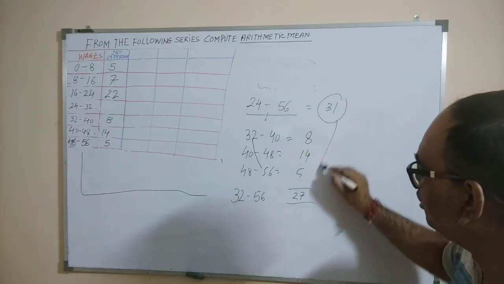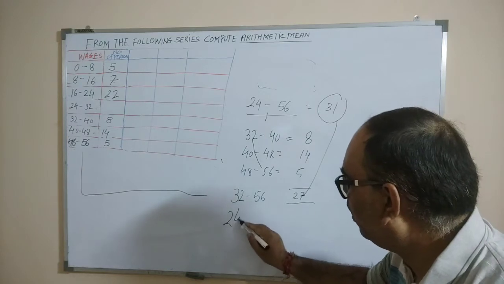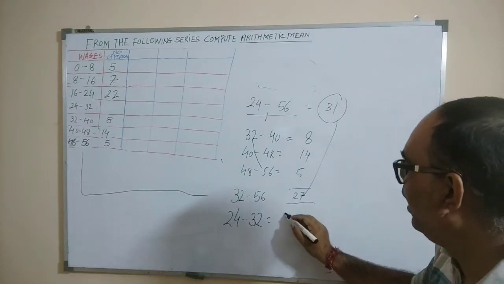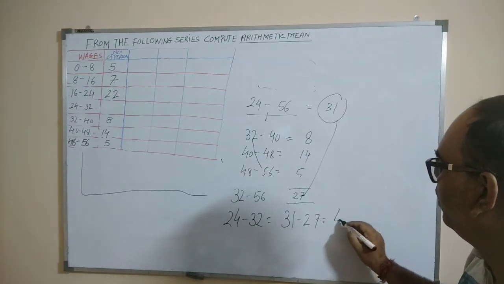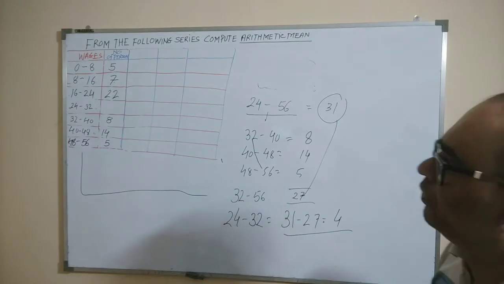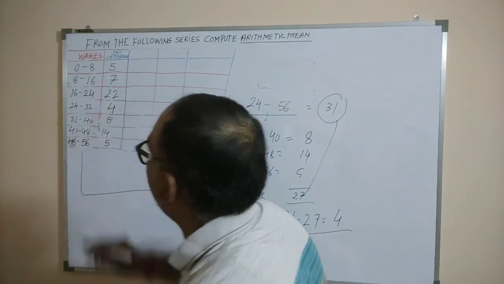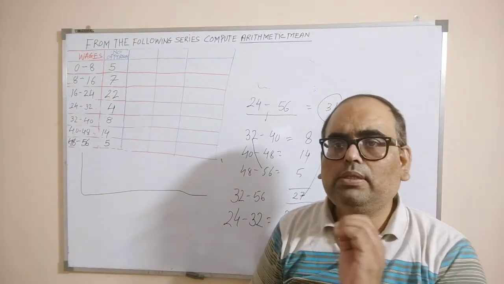So with the help of these two values, we can find out that 24 to 32 rupees wages is received by 31 minus 27, which is equal to 4%. So the value that will come here is 4. So we have solved this series.